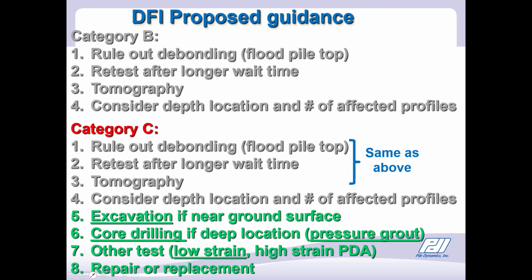Of course, you're always left with the possibility that you have to repair something or replace the shaft in the structure. Again, it's very important to consider the location of these anomalies and the number of affected profiles, particularly if the anomalies all occur at the same depth.